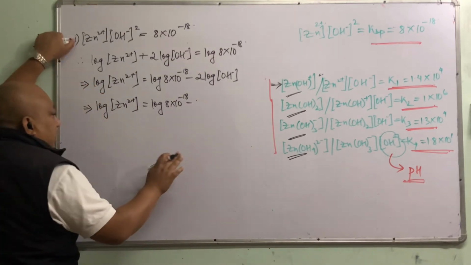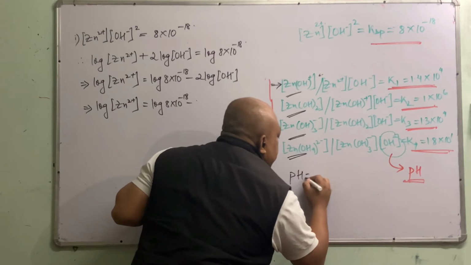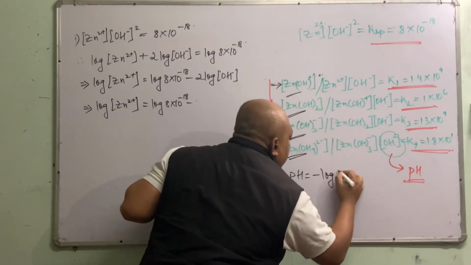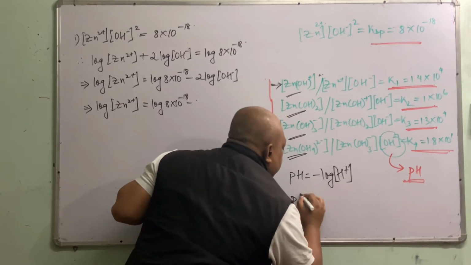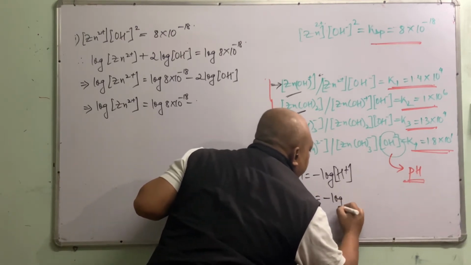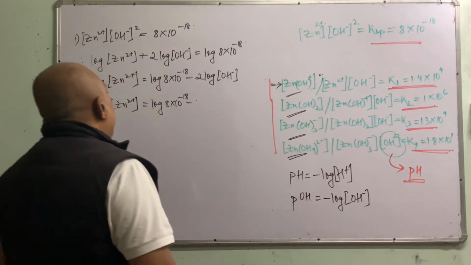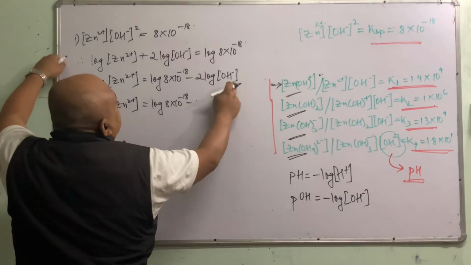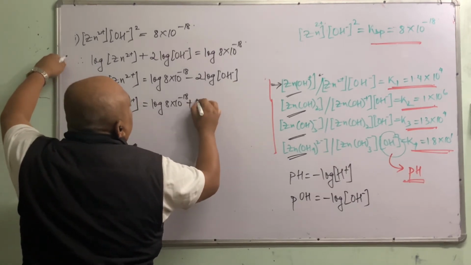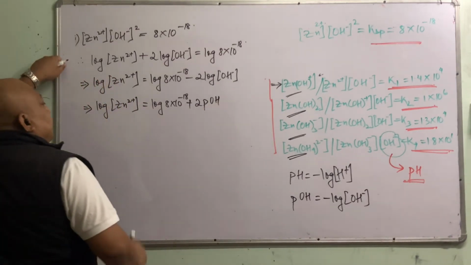I'll give you another example here. pH is equal to negative log of H+. pOH, potential of OH, is equal to negative log of OH. Remember that. Okay. So negative log of OH means I'll say this is 2 pOH. Correct?